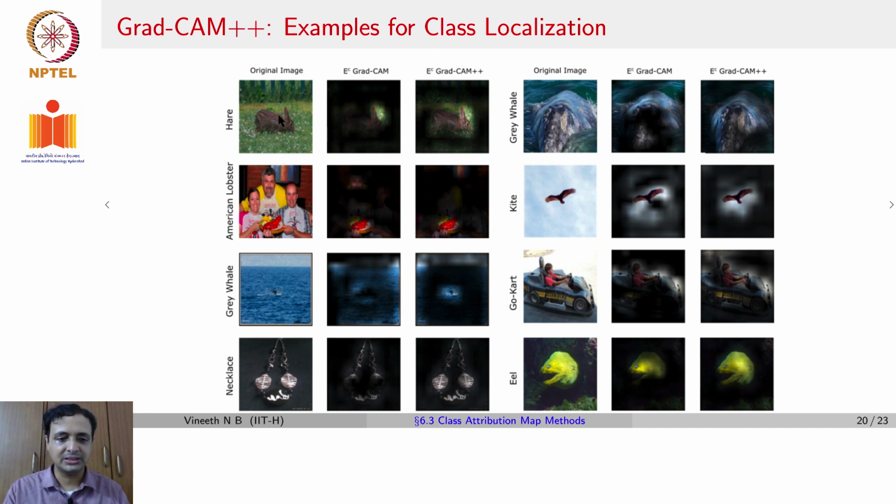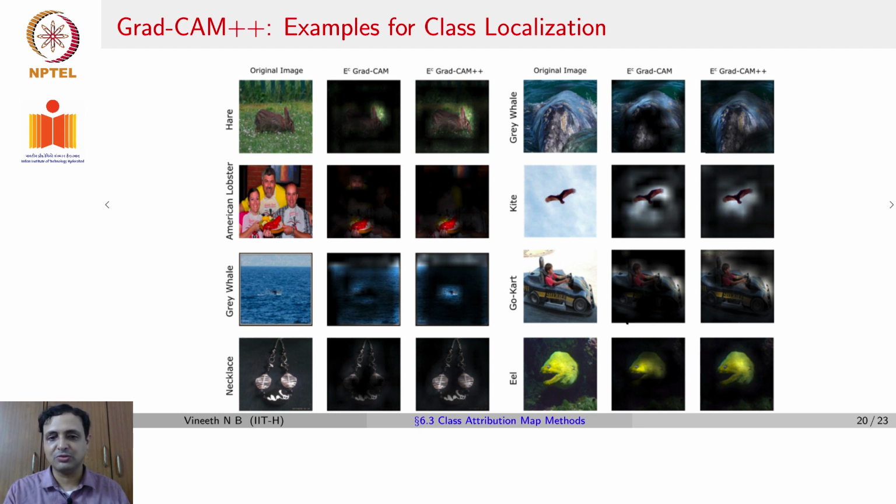The first column in this left block are the original images. Then you have the corresponding Grad-CAM visualizations for each of these classes: hare, American lobster, grey whale, and a necklace. And you see the Grad-CAM++ localization, which seems to be better, especially for some things like grey whale when compared to Grad-CAM.